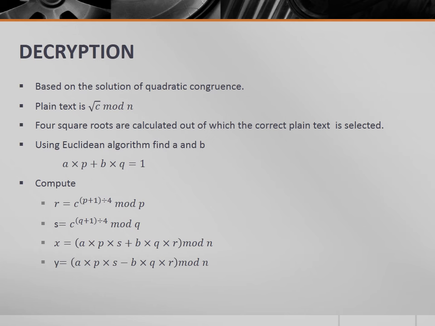S is equal to C raised to power (Q plus 1) divided by 4 modulo Q. C is the ciphertext and Q is one of the private keys. X is equal to A into P into S plus B into Q into R modulo N. A and B we have computed above, and N is the public key. And Y is equal to A into P into S minus B into Q into R modulo N.